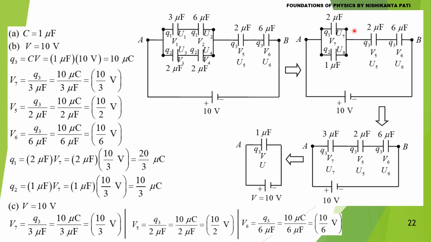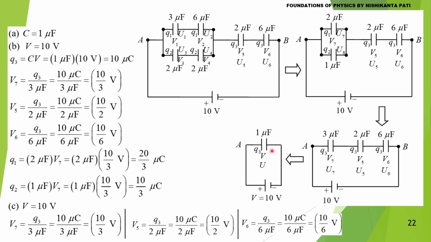Now these two capacitors are in parallel. That's effective capacitance is 3 microfarad. So 3 microfarad, 2 microfarad, 6 microfarad are in series. The effective capacitance is 1 microfarad. Since Q3, Q3, Q3, here also Q3, V is equal to V7 plus V5 plus V6.